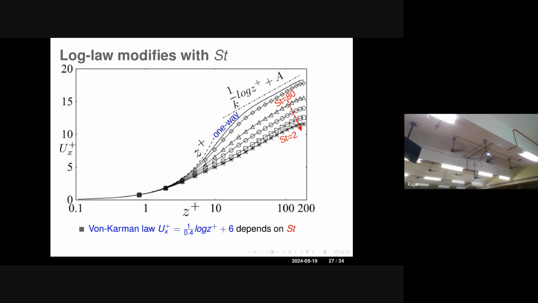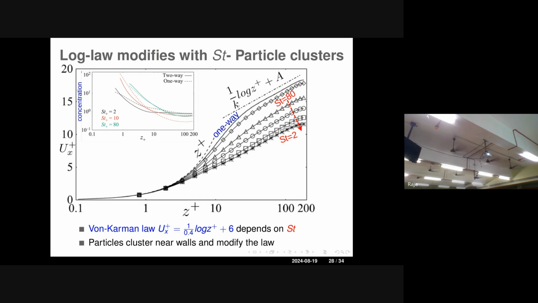But having more particles in the system, immediately, whether it increases or decreases, leaving that aside, that log nature completely changes and the mean velocity profile decreases. And that is based on one-way, two-way coupling, and how much concentration of particles is within that box or that particular slice of the system.